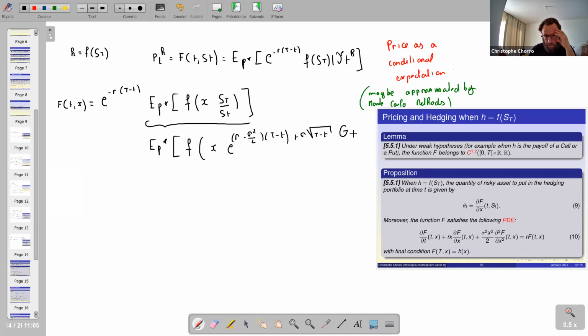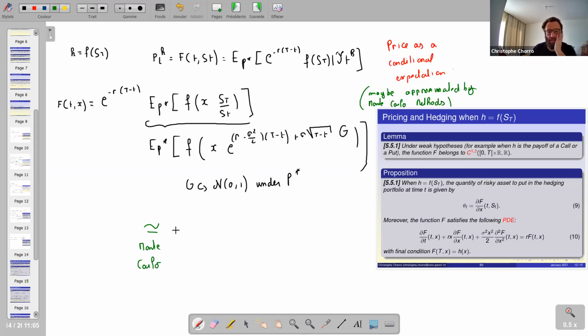I write it this way, where G follows the N(0,1) under P star. And when I say that this price may be approximated by Monte Carlo method, I just say that in fact, this expectation may be approximated by Monte Carlo methods.